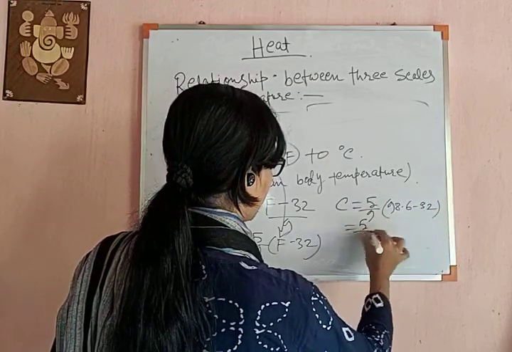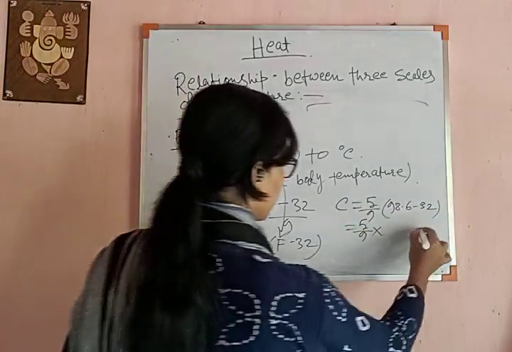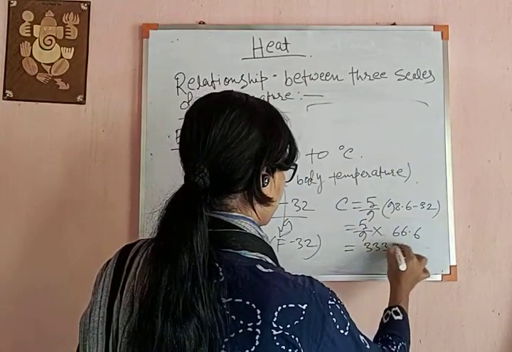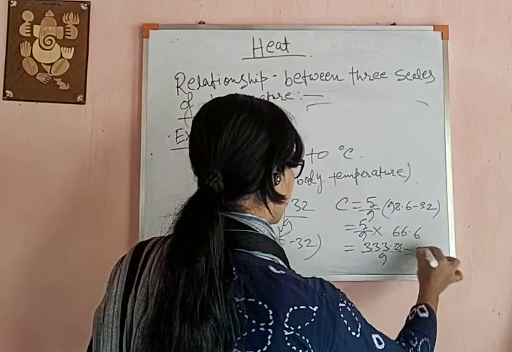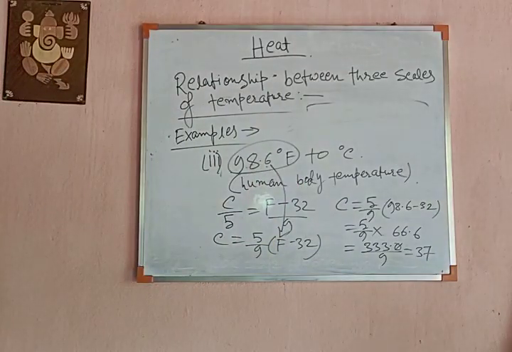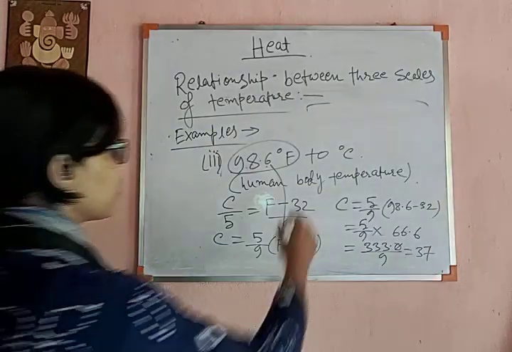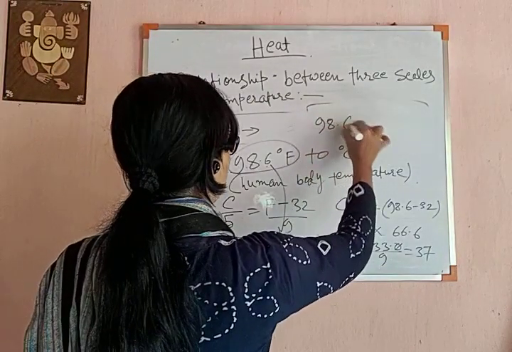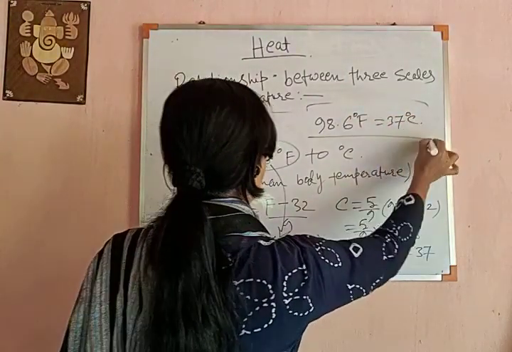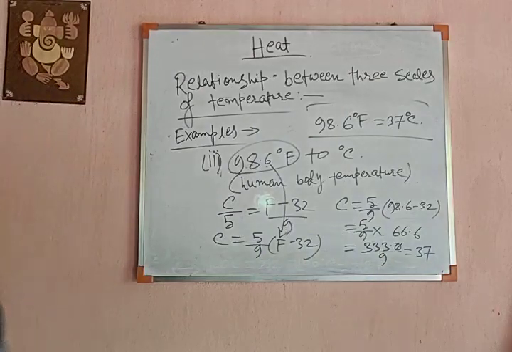So minus it, 5 by 9 into 66.6. So equal to 3330 by 9, and it will be 37. That means 98.6 degree Fahrenheit, the normal body temperature of a human, is equal to 37 degrees Celsius. So we measure in the Fahrenheit scale, but if we measure in the Celsius scale, it will be 37 degrees Celsius.